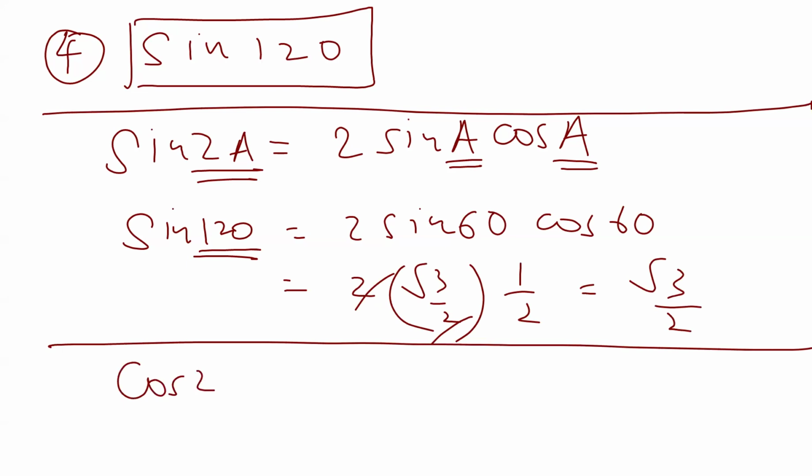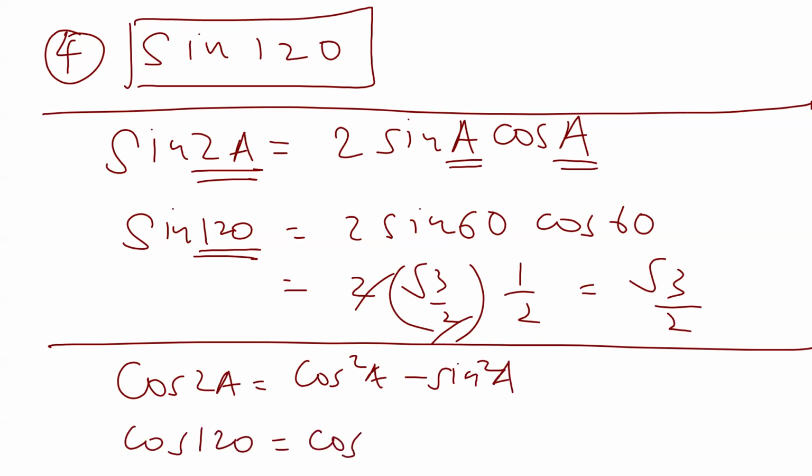Then cos 2a. Again, there are four formulae basically for cos 2a. Okay, we can rely on any of the first three. So it's cos square a minus sin square a. So cos 120, half of 120 is 60. Cos square a minus sin square a.